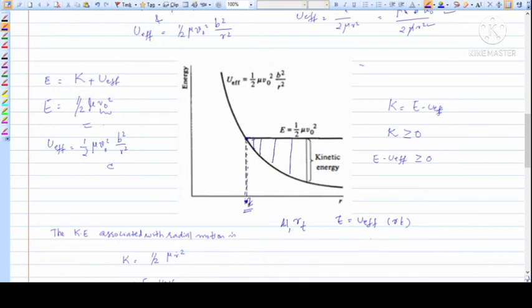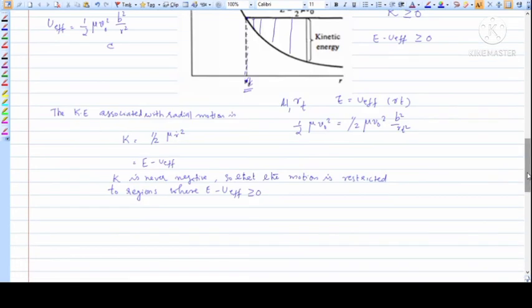At this point U effective of R is equal to U effective of RT, which gives you half mu v0 square is equal to half mu v0 square b square by RT square. These two terms are equal, therefore you will get RT is equal to b.